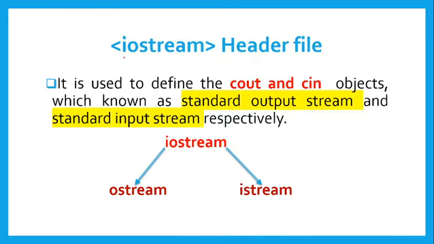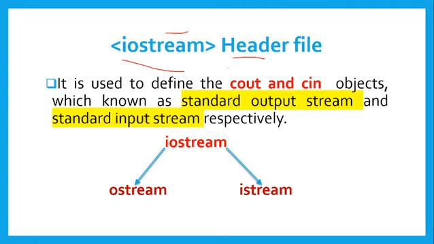First, see the iostream header file. In every C++ program we start from iostream. Iostream means input output stream. It is used as a header file in every C++ program.